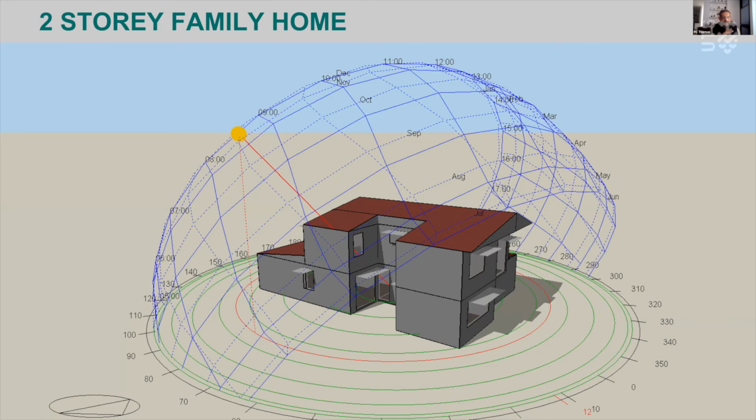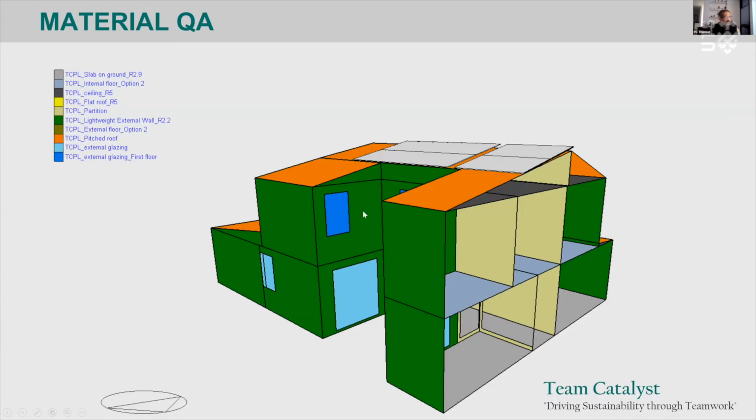This is new for us because one of our colleagues is very passionate about passive house and housing design, and so we've been doing a series of consulting projects on that.